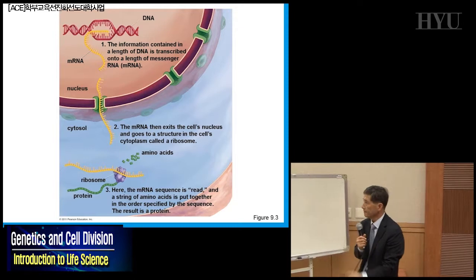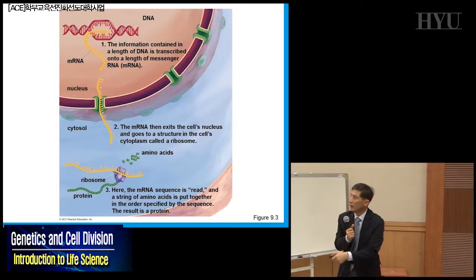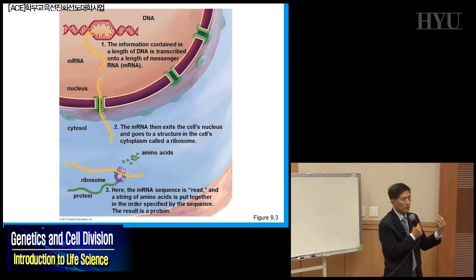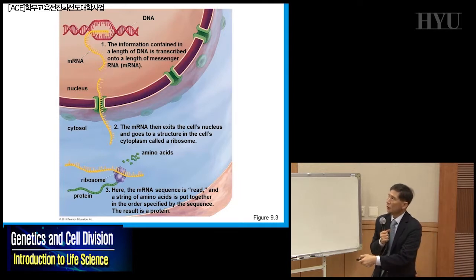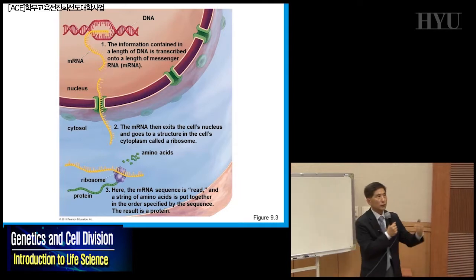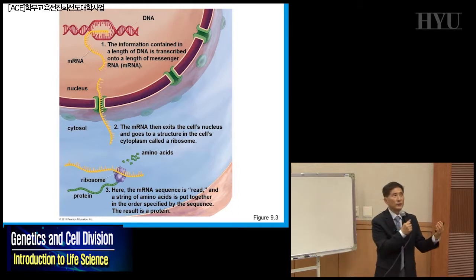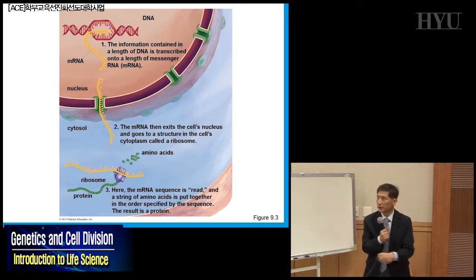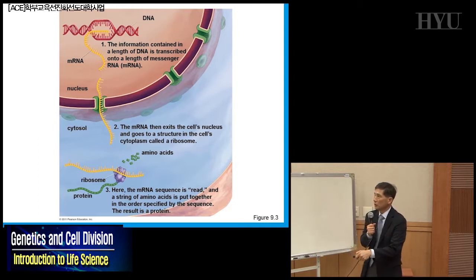All right, this slide summarizes the whole thing. We have this genetic information, how we look like. That stored information is in DNA in the nucleus. That information is transcribed, copied, to RNA molecule. In this case, it's called mRNA, which stands for messenger RNA. They travel out of the nucleus. Where do they go?